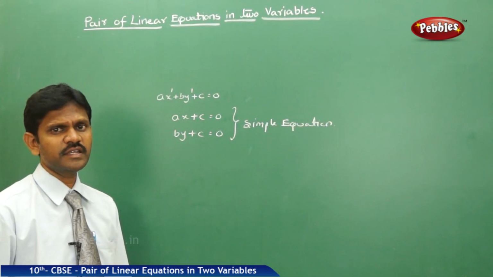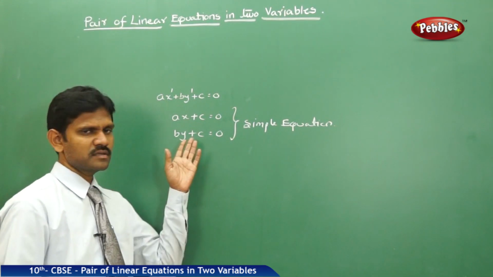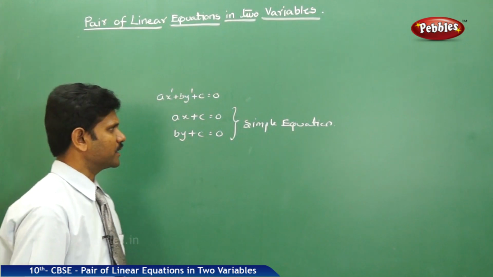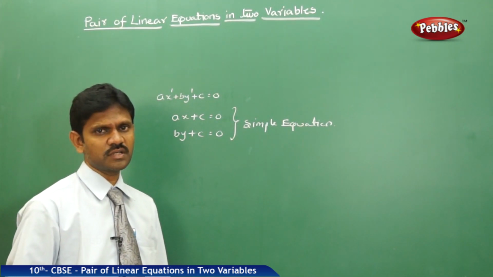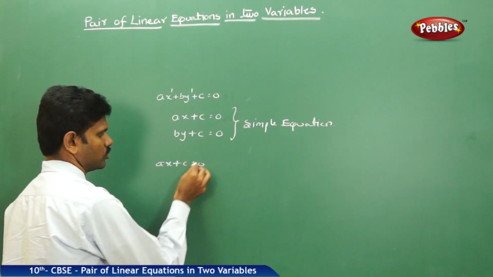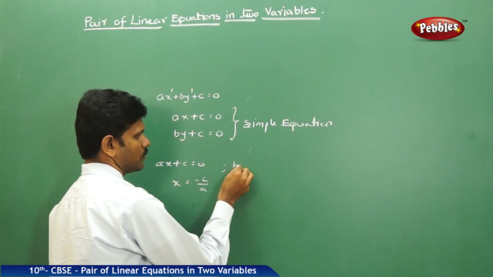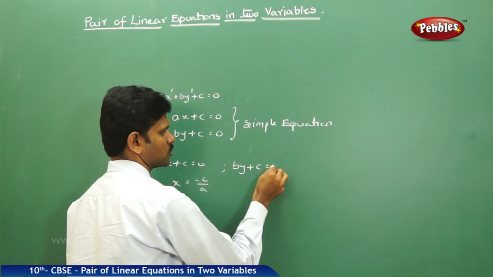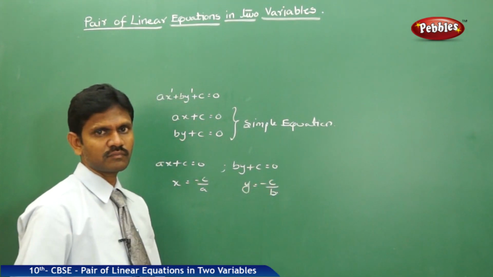A linear equation with one variable is called a simple equation, and a simple equation has only one solution, that is a unique solution. That is, ax plus c is equal to 0, x is equal to minus c by a, or by plus c is equal to 0, y is equal to minus c by b.